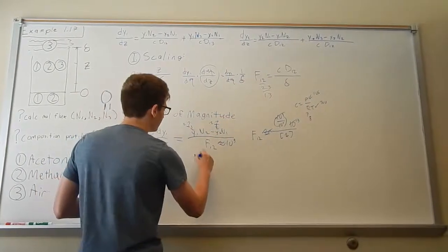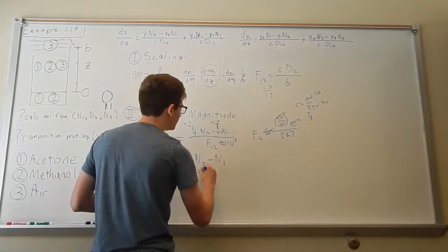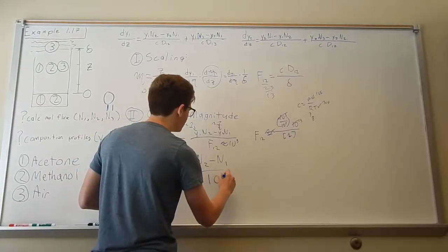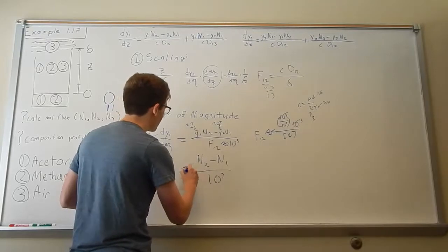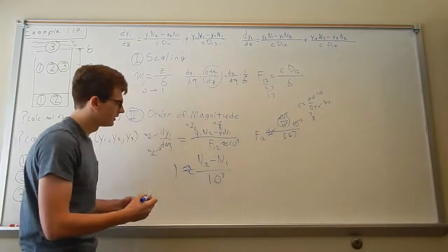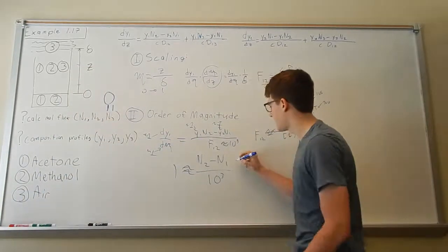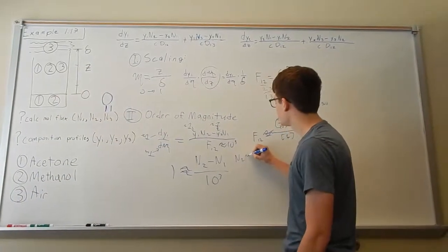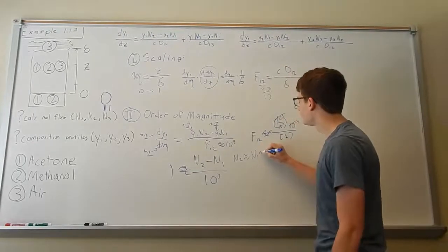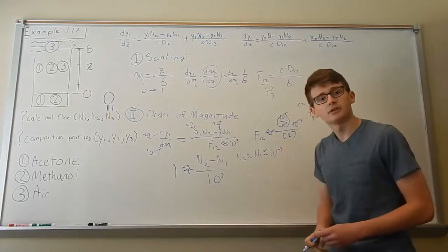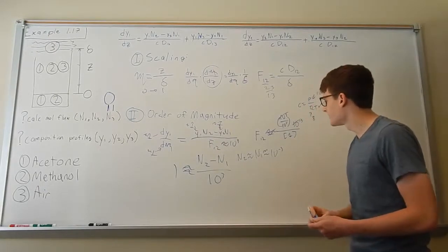And that leaves us overall with the difference between the two mole fluxes over 10 to the 3rd being about equal to 1. Well, with all that taken into account, we find that our estimates for N2 and N1 must be about 10 to the negative 3rd. That's the only way it's going to cancel this out.